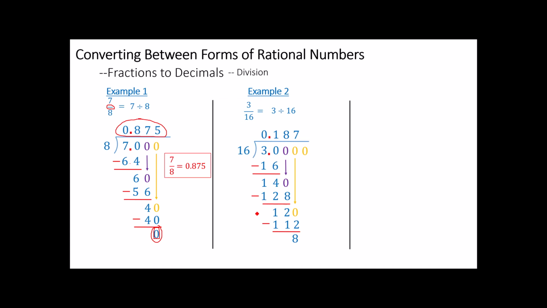As long as there's a remainder, I'm going to keep adding on more zeros. 16 goes into 80, 5 times. 5 times 16 makes 80, and look, my remainder is 0. Notice I had to go out more decimal places than previously, but it did eventually terminate. 3/16 is 0.1875. Not bad, right? Again, if you're feeling confident, go ahead and give this one a try on your own.